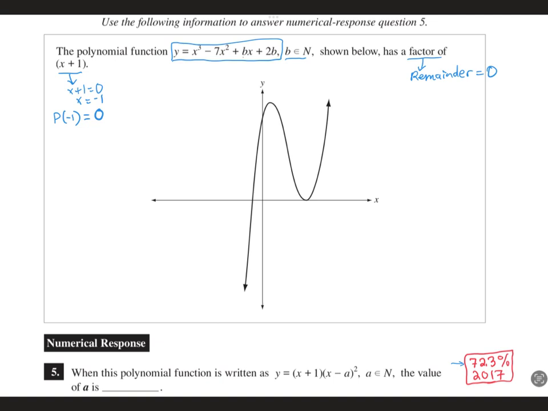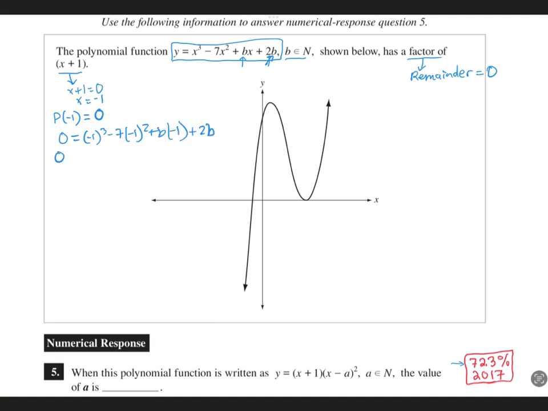And really, anytime you see a missing parameter like that in the equation, with polynomials, quite often you're using remainder theorem or factor theorem. Okay, so let's do that. Let's sub in -1 for x, and for y we'll go 0. So 0 equals -1 cubed minus 7 times -1 squared plus b times -1 plus 2b.